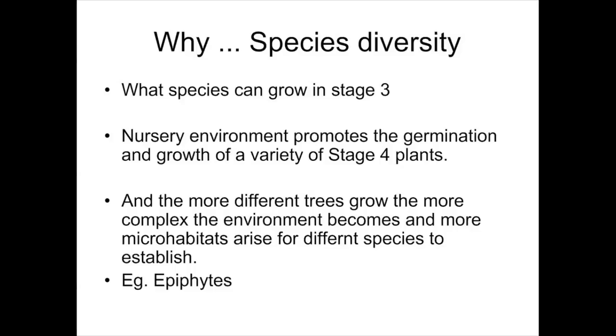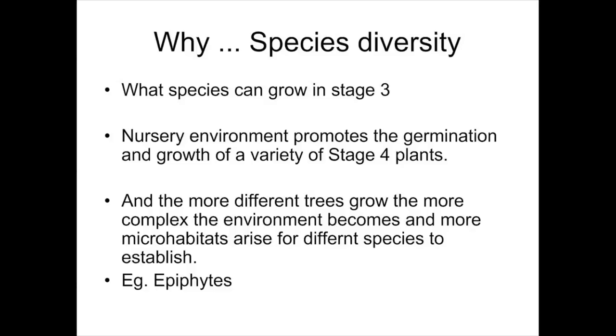There's a greater number of plants that can grow in a Stage 4 than in Stage 3, because of this increased soil. So this nursery environment provides an environment that promotes the germination and growth of a variety of Stage 4 plants. You are going to find these Stage 4 plants, and you're going to record and talk about them in your report.